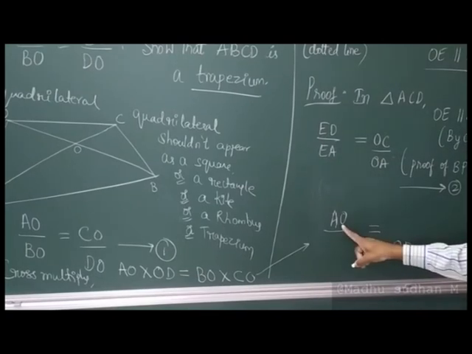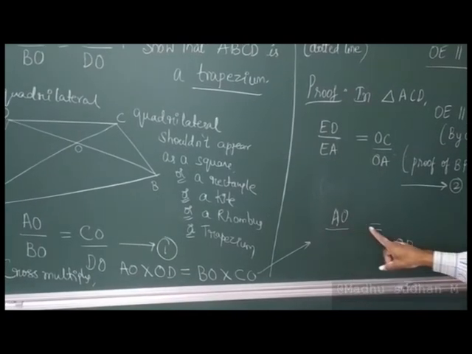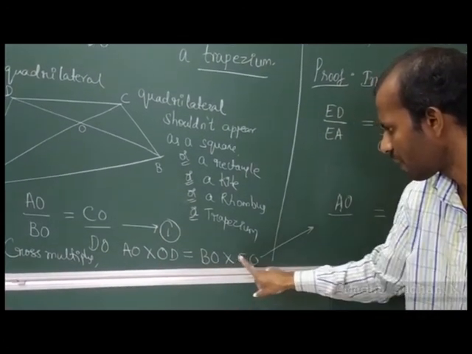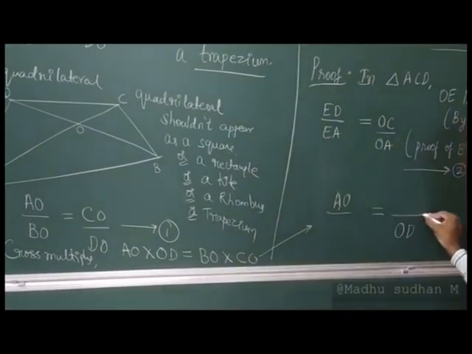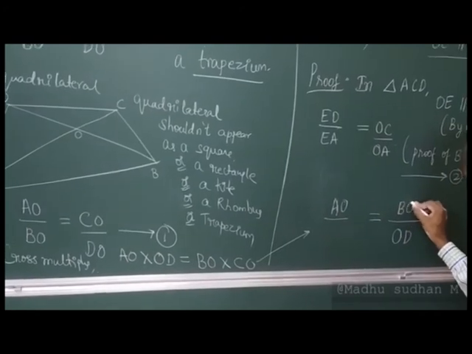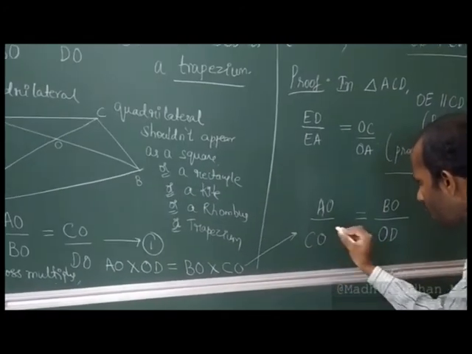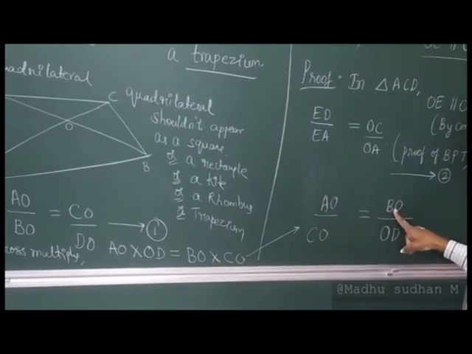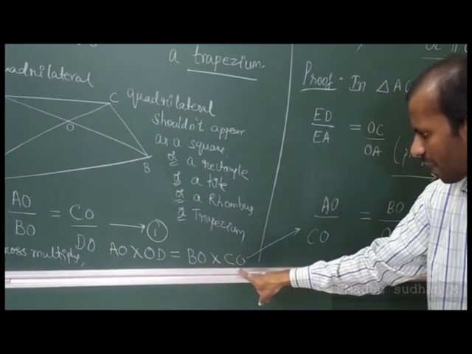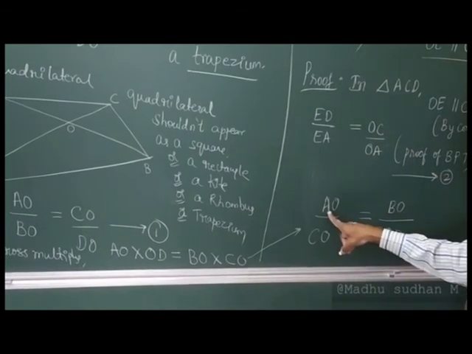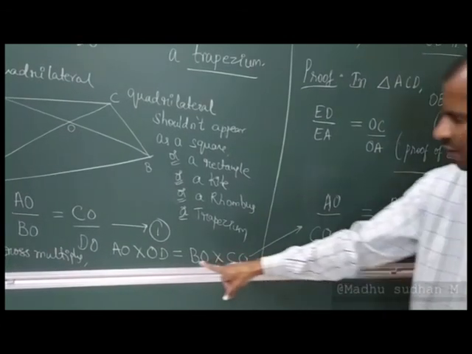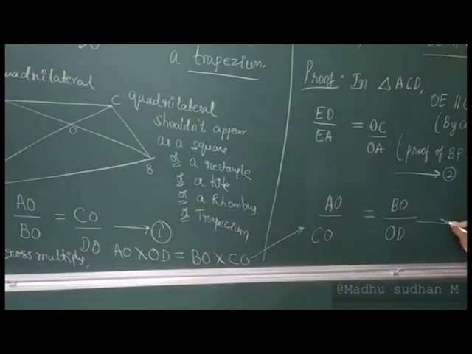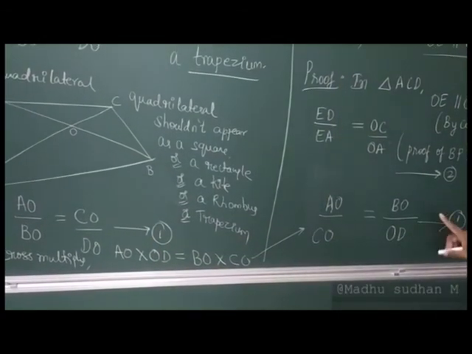If I cross multiply here, I can get AO multiplied with OD right here, and we have BO multiplied with CO. So if I write BO here and CO here, and cross multiply, BO and CO multiplied is equal to AO multiplied with OD. Is it not the same? So this I can call equation 1 only, right? This is just equation 1.